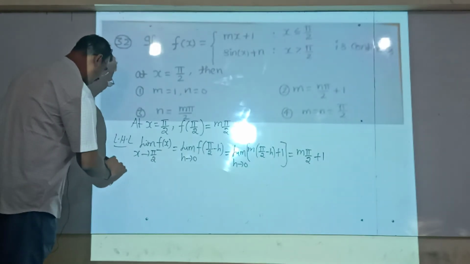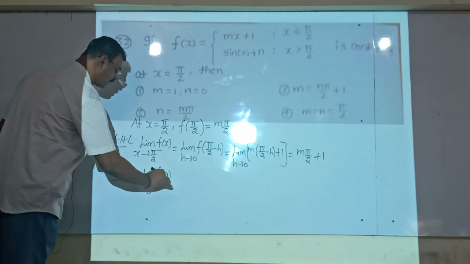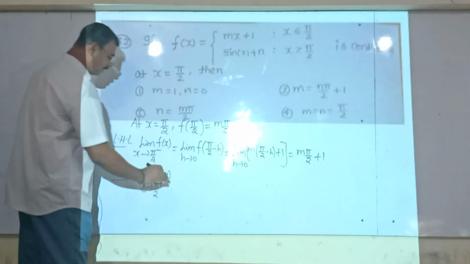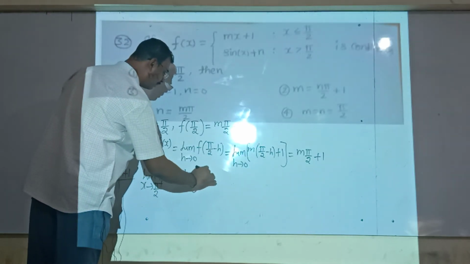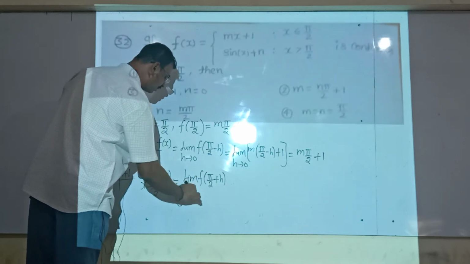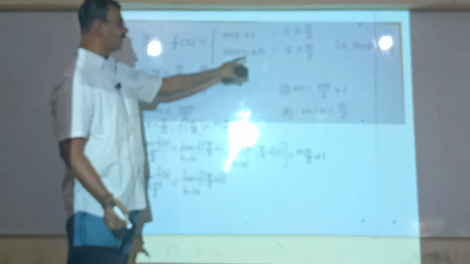As well, we have to find the right hand limit. Limit of f of x as x approaches pi by 2 from the positive side is equal to limit of f of pi by 2 plus h as h approaches 0. When x is more than pi by 2, the function is sin x plus n.